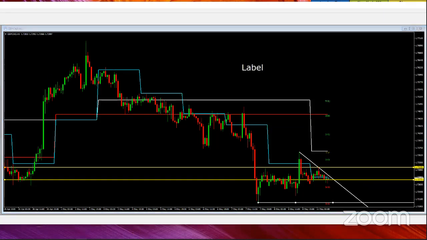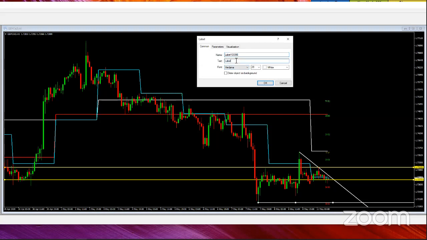So it's a sell stop, and your entry is 1.7278.